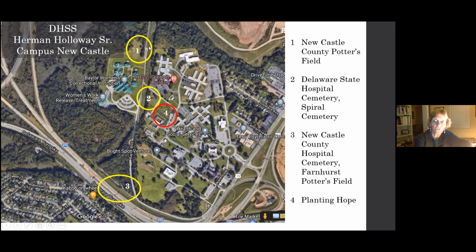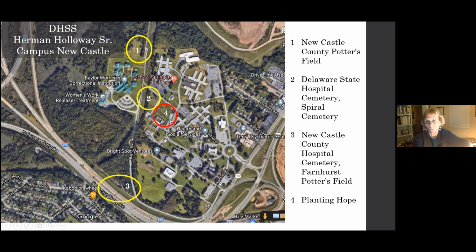So this is the first one here, the Newcastle County. They're ordered just because it's easier going down the map here. The Newcastle County Potter's Field, the Delaware Hospital Cemetery or Spiral Cemetery. And then the third one is the Newcastle County Hospital, or also called the Farnhurst Pottersfield.